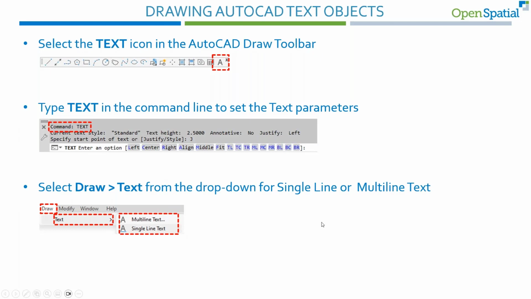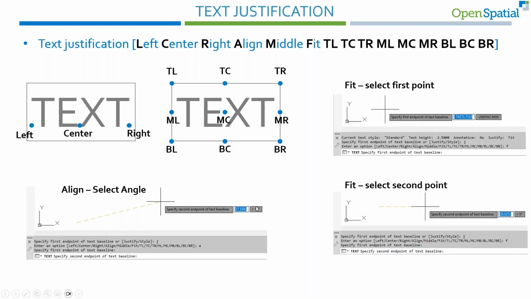So single line or multi-line text that you're working with. That is all to do with the justification. When you are drawing something, where is the text going to be justified? There's the basic one: left, center, right, at the bottom of the normal bar.